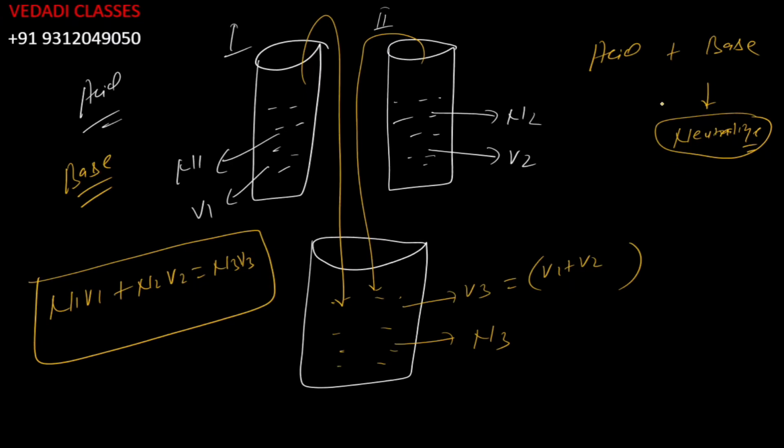If the gram equivalent of the acid is more, then it will be acidic in nature. If the gram equivalent of the base is more, then it will be basic in nature. If the gram equivalents of both are the same, then they will neutralize each other. We will discuss such types of questions too. So this is related to molarity, molality, and normality.